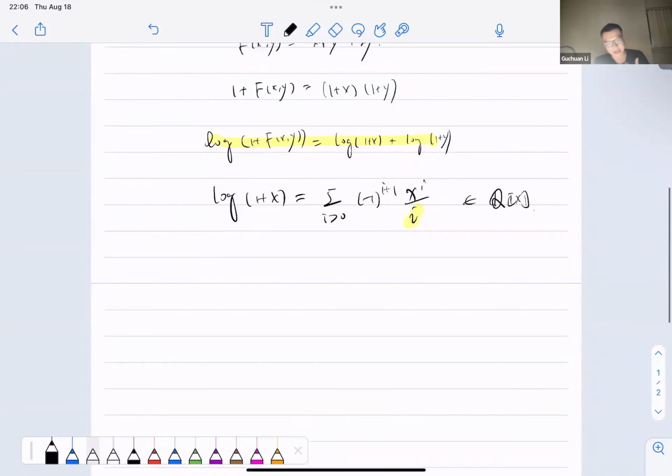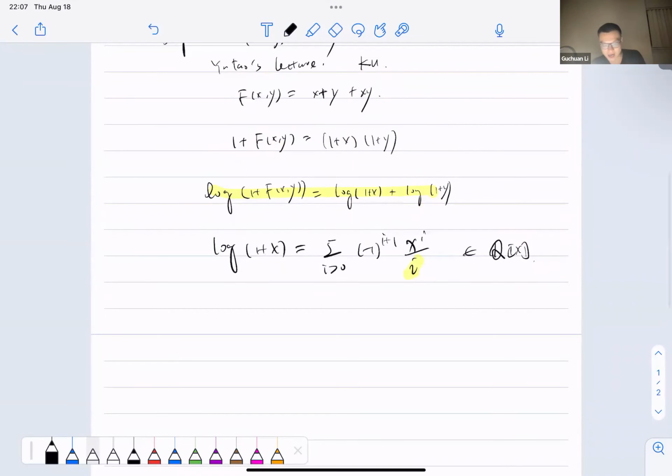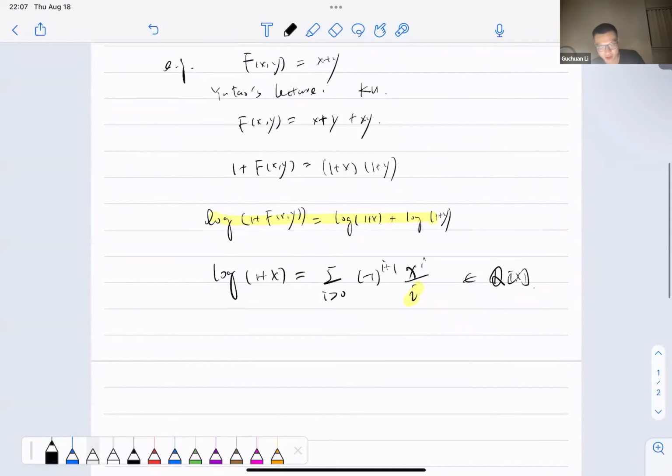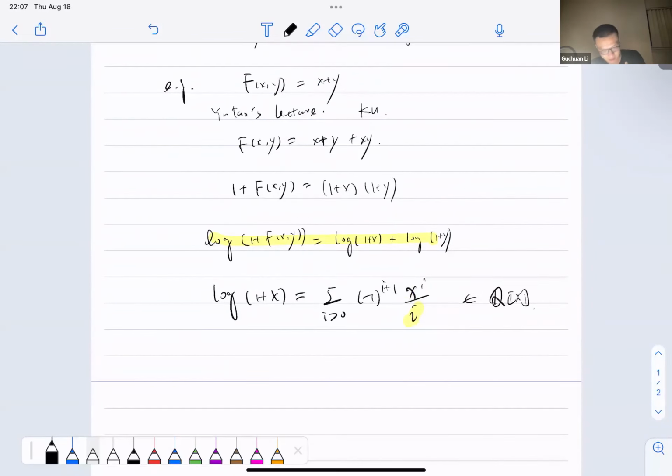And with this one, I can give an isomorphism from the multiplicative formal group law to the additive one. In general, if I can identify my formal group law with the additive one, this is called a logarithm for my formal group law.